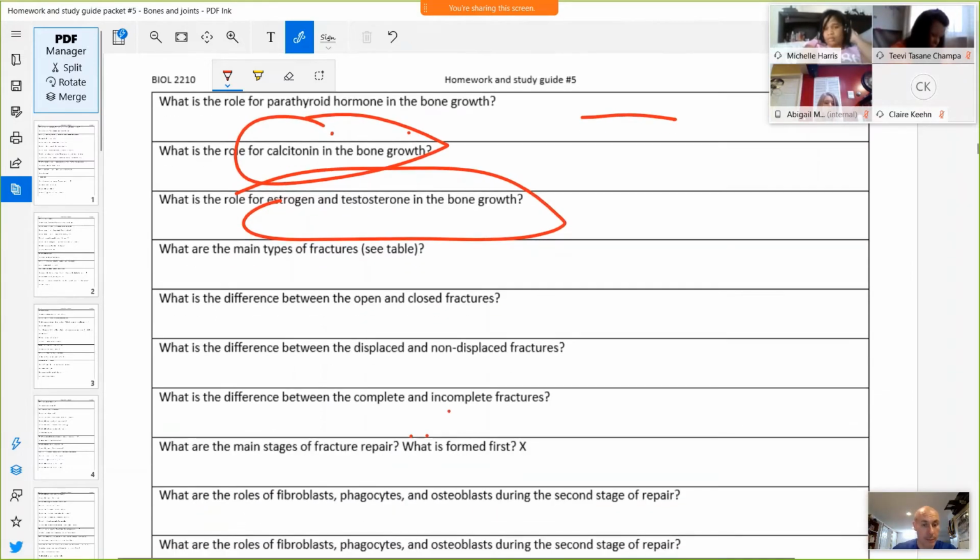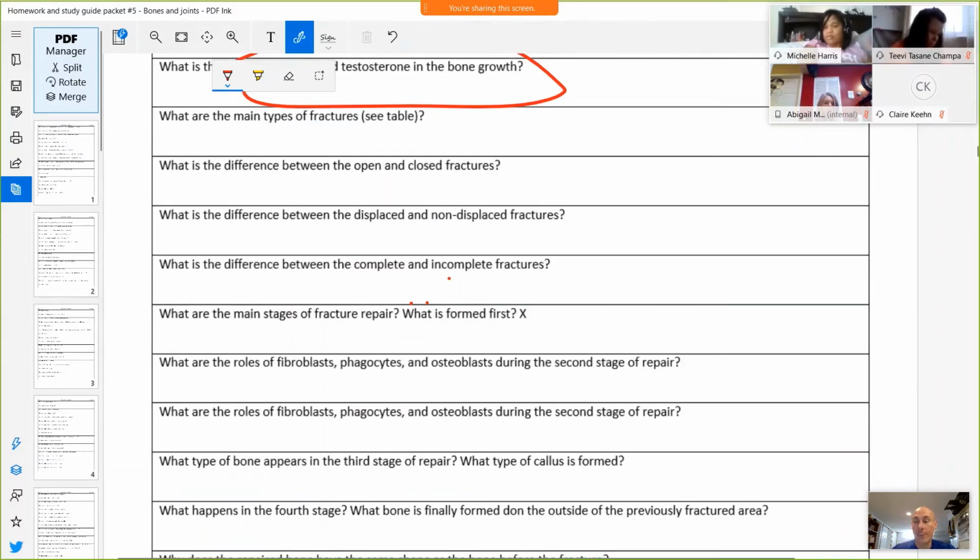Types of fractures. Let me clarify it. You see these three pairs. That's what you've got to know. I'm not going to ask green stick. I'm not going to ask comminuted, transverse, oblique. No. Am I clear?